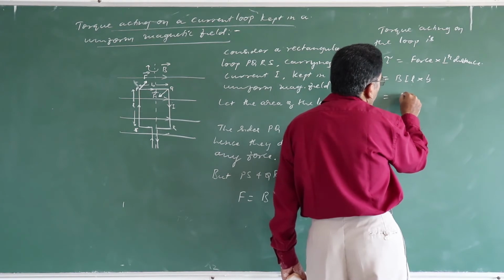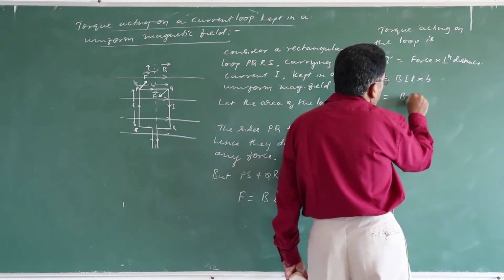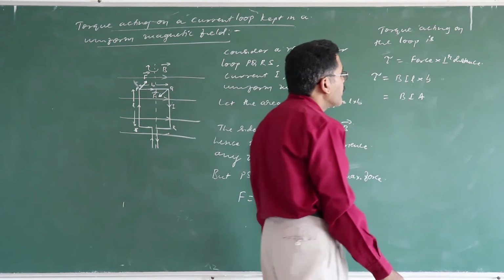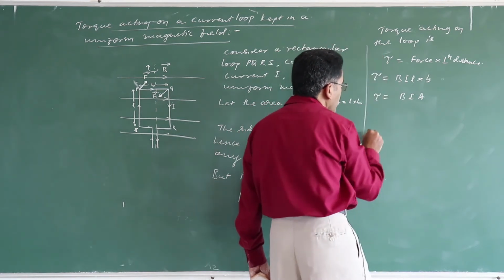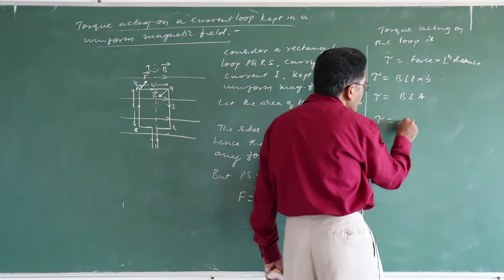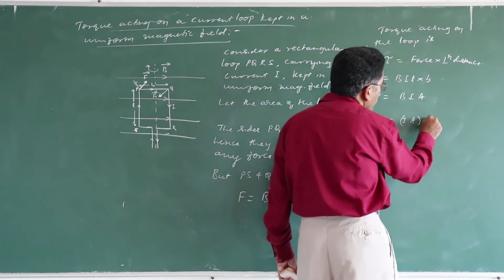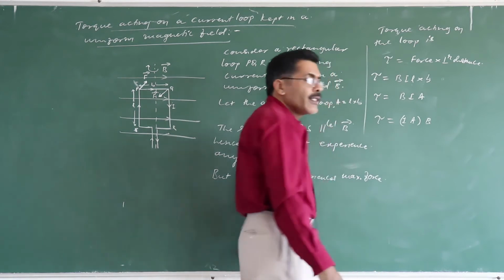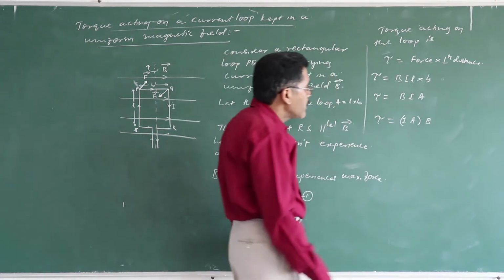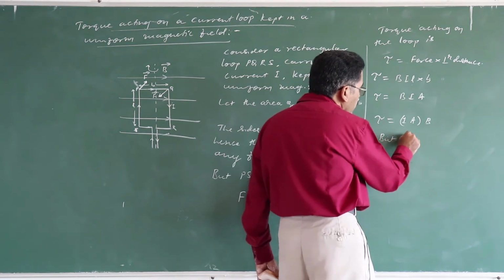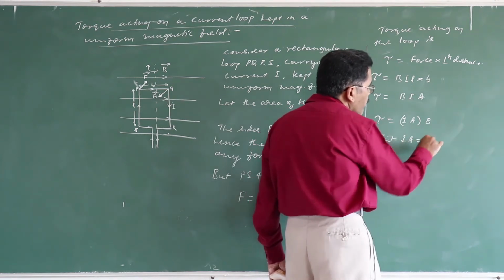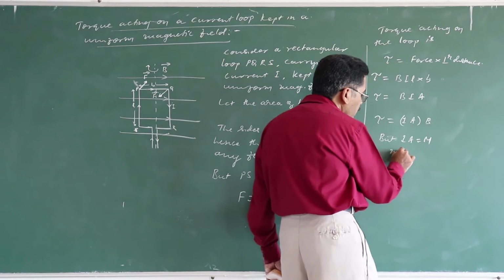Therefore, torque is equal to B into I into A, or I can write torque is equal to I into A into B. What is I into A? I into A is equal to M, the magnetic moment.